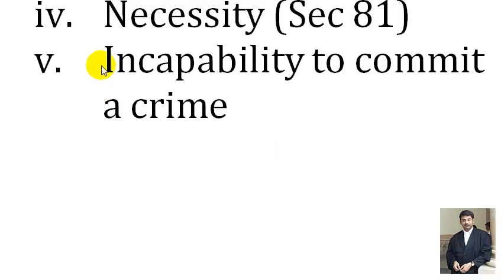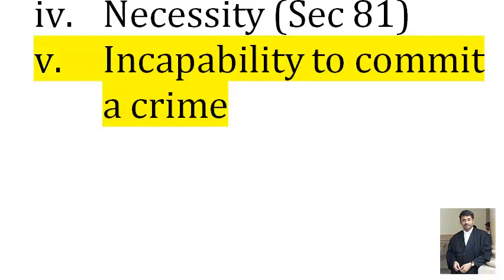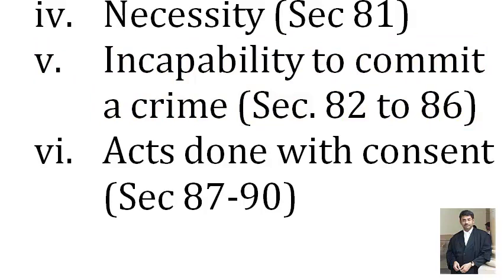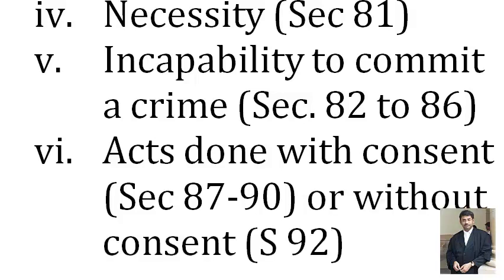The fifth group is of incapability to commit a crime. That group consists of sections 82 to 86. The sixth group is about acts done with consent, sections 87 to 90, and also of acts without consent, that is section 92.